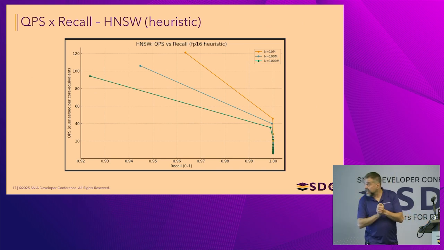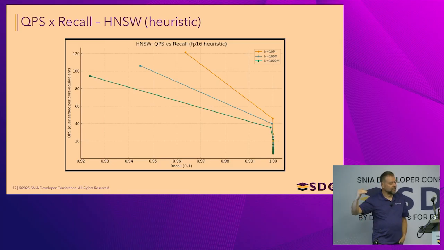So for HNSW, and by the way, all the previous ones that I mentioned are memory-based. Once I create the index, they all live in memory, right? But DISKANN, as we'll see, has a memory part and a disk part. You can see here, for instance, for HNSW, your queries per second and your recall.